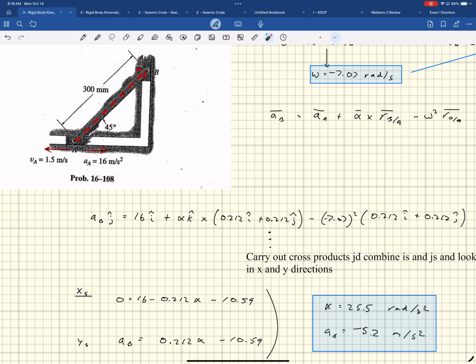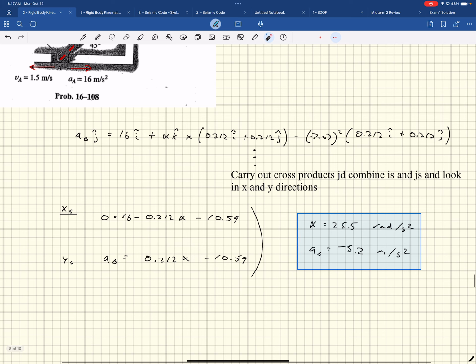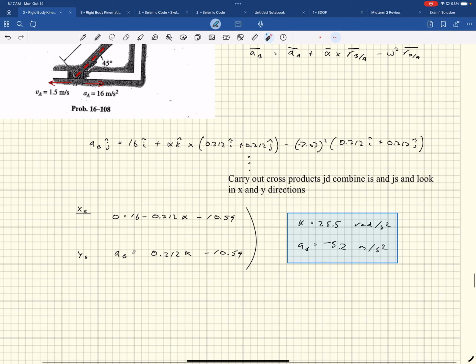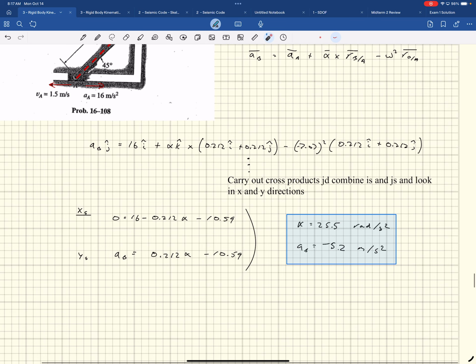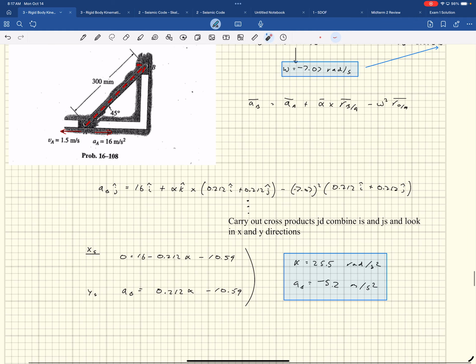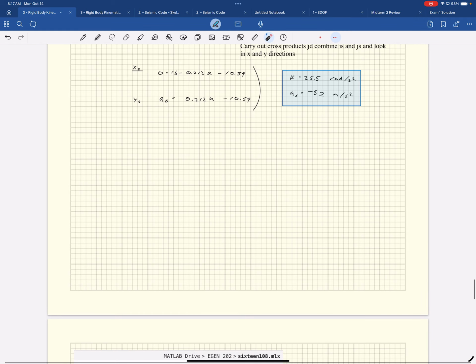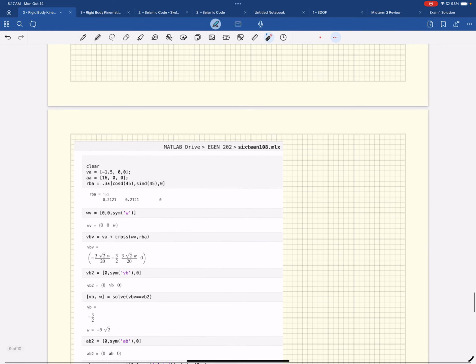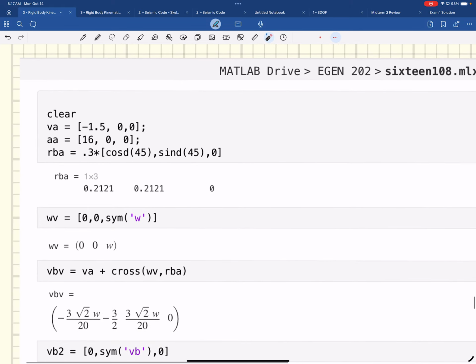We have a centripetal acceleration that's going down and to the left that's overpowering the fact that this thing has an acceleration to the right. You don't look at that and think that's clearly what's going to happen. But the math takes it into consideration. It's accelerating down, sorry. So just trust this stuff, okay? Be careful of just trying to freehand it. Go free willy. Don't do that, okay?